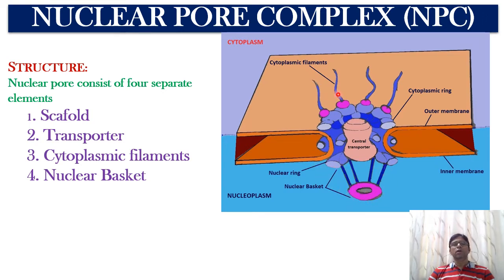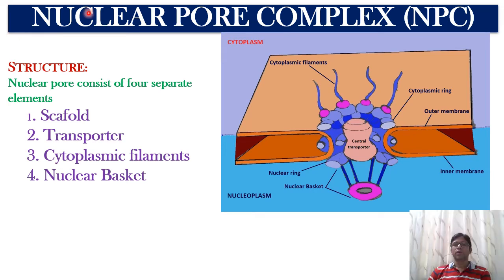These are the four separate elements present in the nuclear pore complex. Scaffold occupies the major part of the pore complex, transporter is the central hub which carries out the active transport of proteins and RNAs, cytoplasmic filaments are present towards the cytoplasmic side of the pore, and the nuclear basket is present towards the nucleoplasm side.